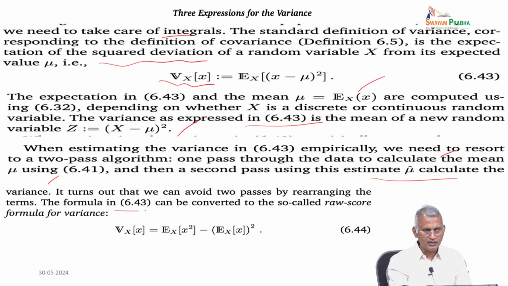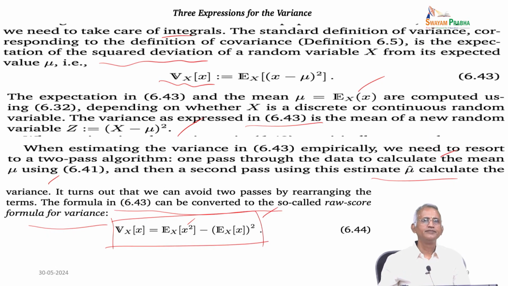The formula 6.43 can be converted to the so-called raw score formula of the variance. So, V[X] is equal to the expectation of X square minus the expectation of X the whole square. This formula you have to remember for the variance in terms of the expectation.